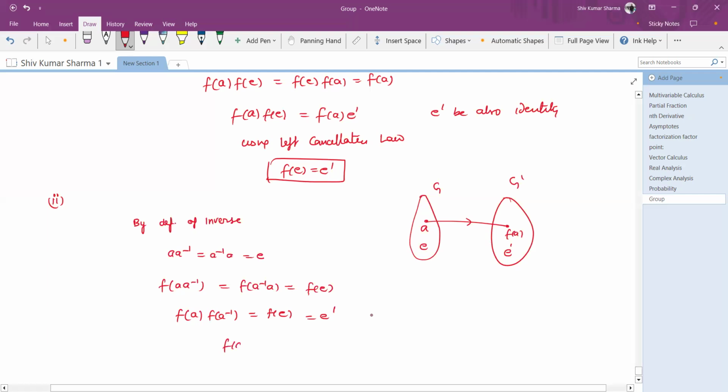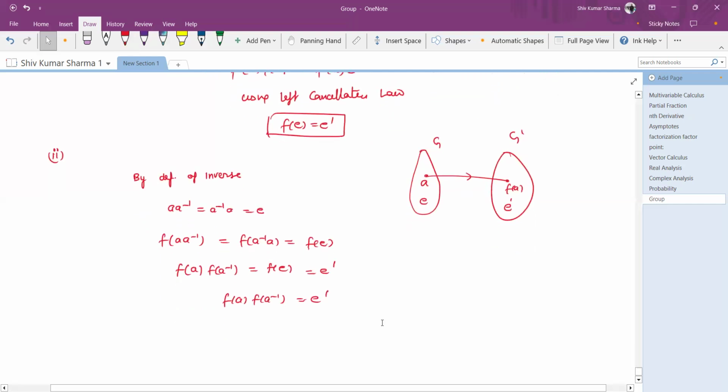So we know that f(A) into f(A inverse) is equal to E dash. We say that A into B equals B into A equals E, so B is the inverse of A. So we can write f(A) to the whole inverse.